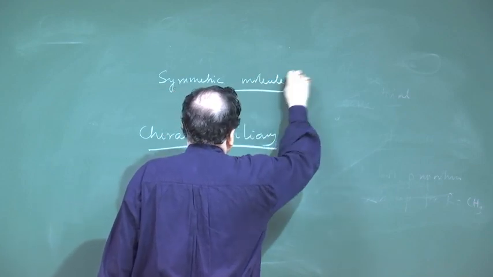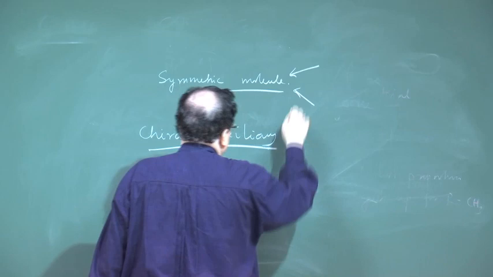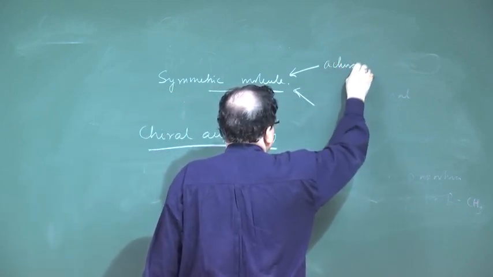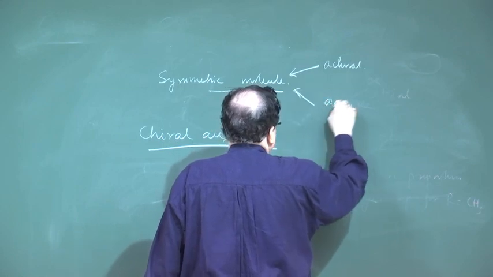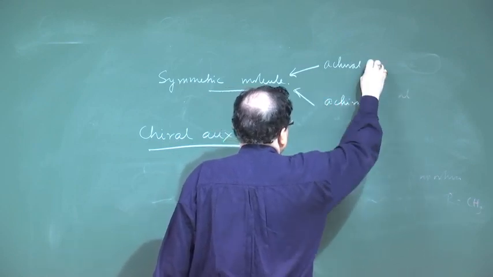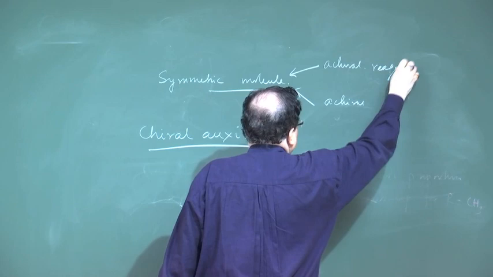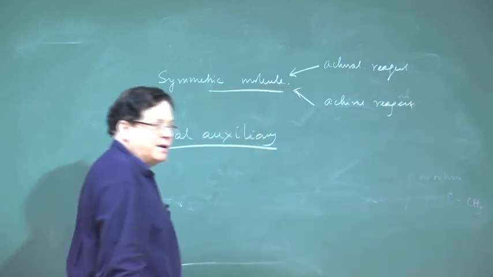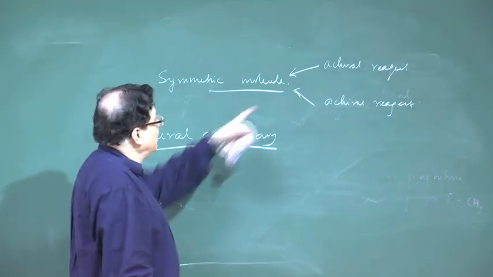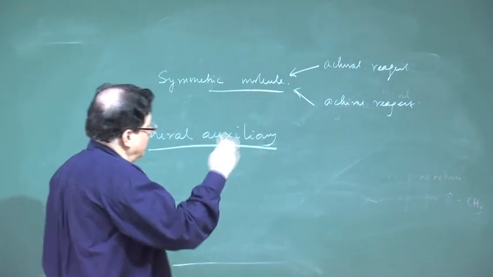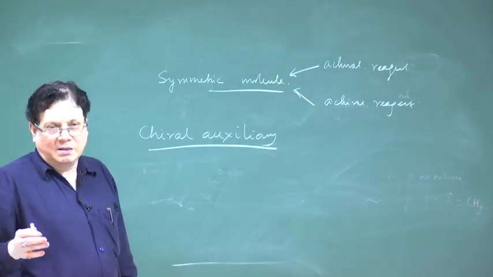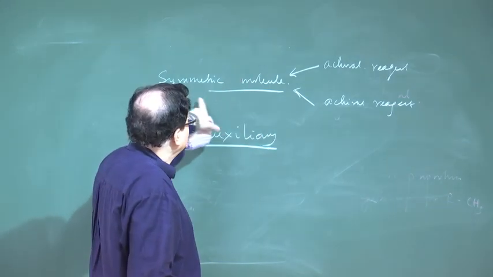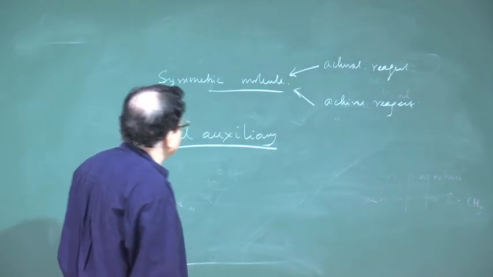Now, if you do the reaction on a symmetric molecule and the reagent is also achiral, then if you are generating a new chiral center, the transition states for formation of the new chiral center will be enantiomeric, because you do not have any built in chirality involved earlier.